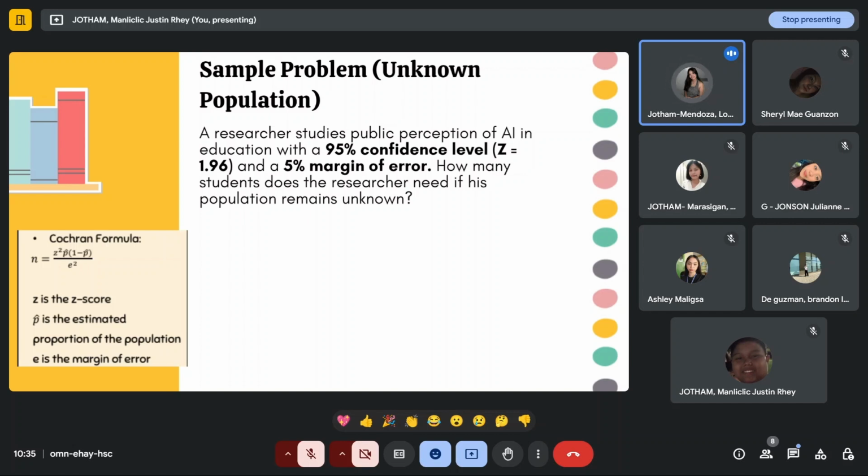You can chat your answers on the chat box. Okay, that's correct. From this, we can get the correct sample size as 384 respondents.